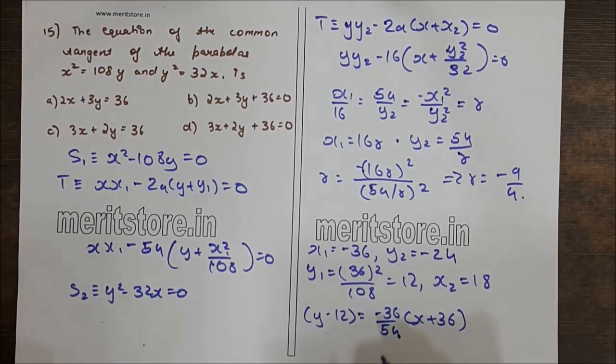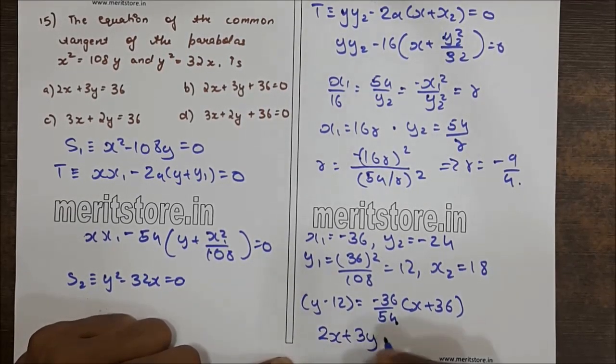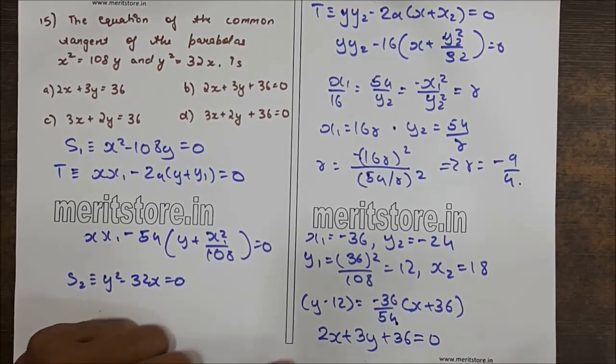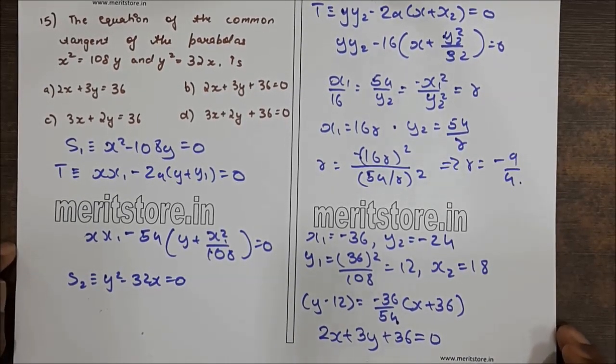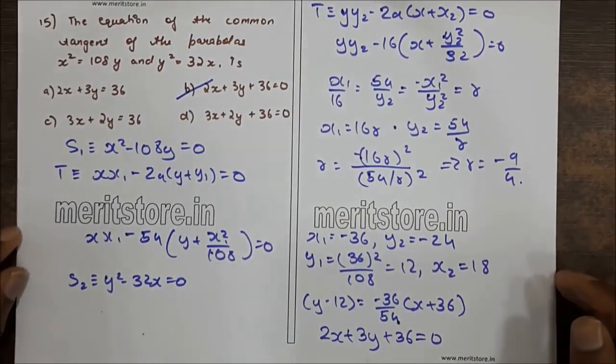Solving this further, we get 2x plus 3y plus 36 equal to 0, which is our option B. Therefore, option B is the correct answer.